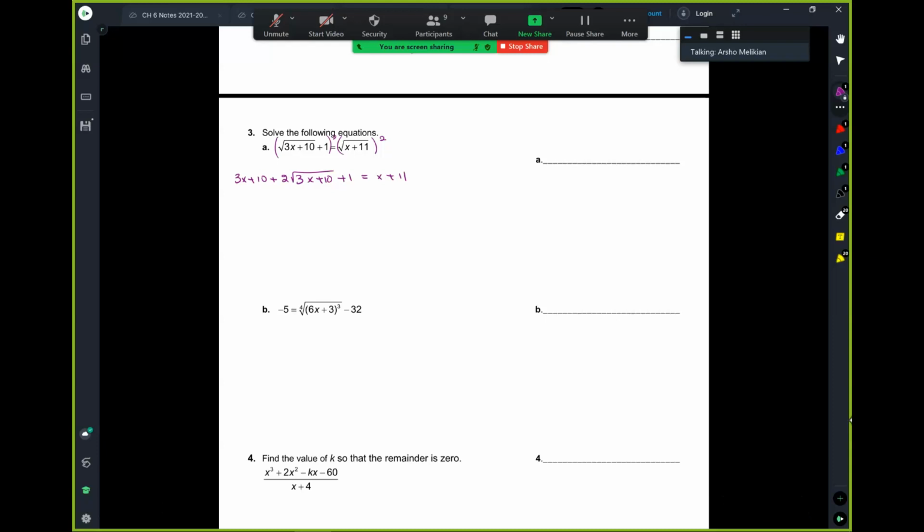And let's simplify some of these. So we have 3x plus 11 plus 2 root 3x plus 10 equal to x plus 11. So what's this? 2 root 3x plus 10 is equal to negative 2x. That's it, right? The 11s go away.